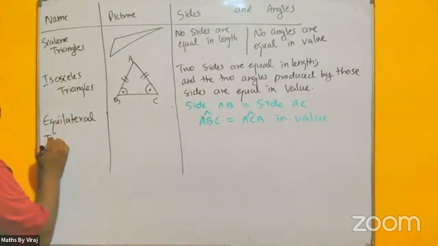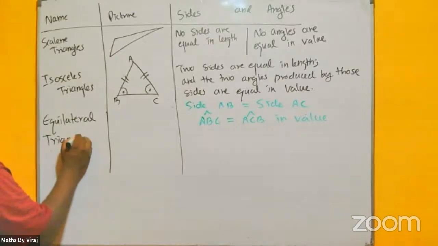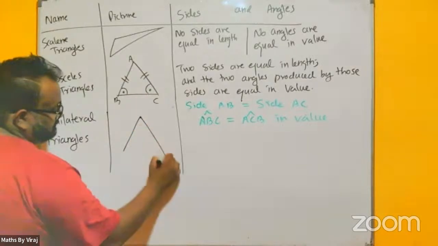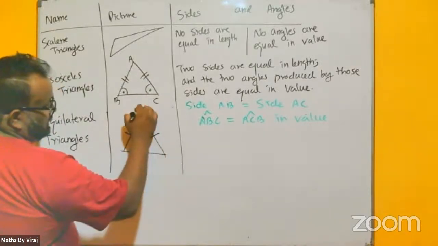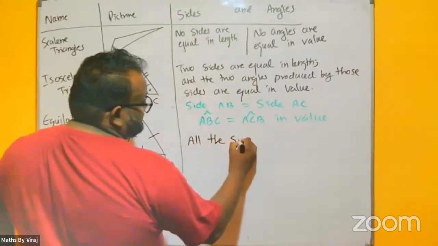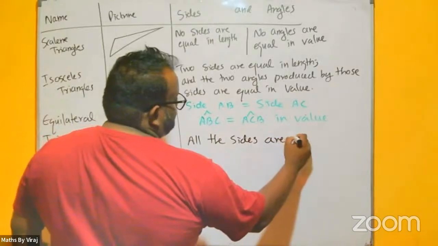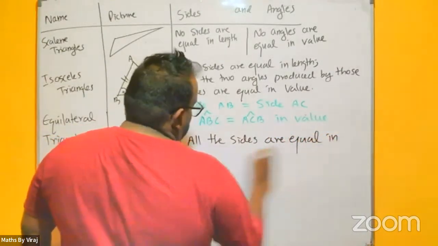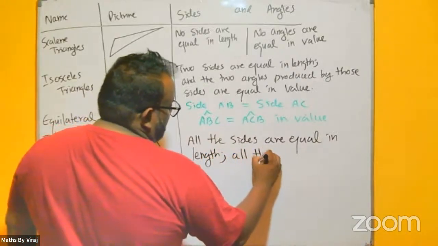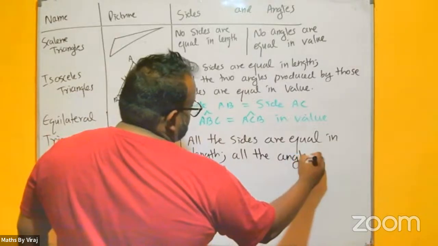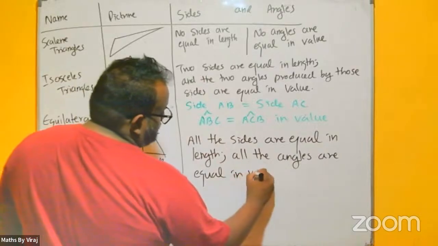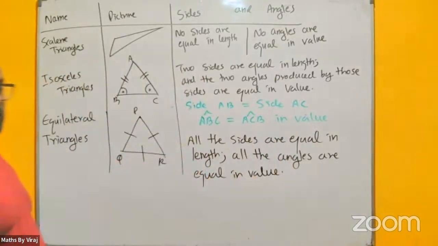Next one we have equilateral triangles. P, Q, R. All the sides are equal in length. All the angles are equal in value.